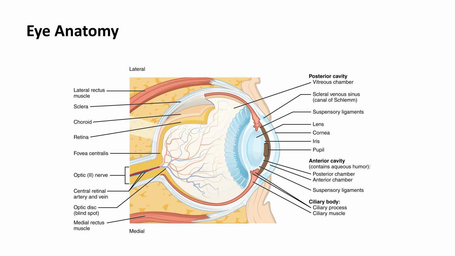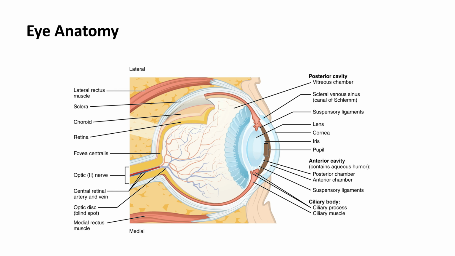As far as your actual eye, let's start with your sclera, which is your outer layer. This is a white fibrous protective covering. The front portion of it is considered the cornea. This is transparent. It bends to refract light rays and serves as the window of the eye.